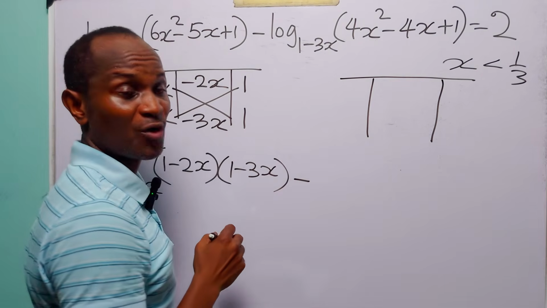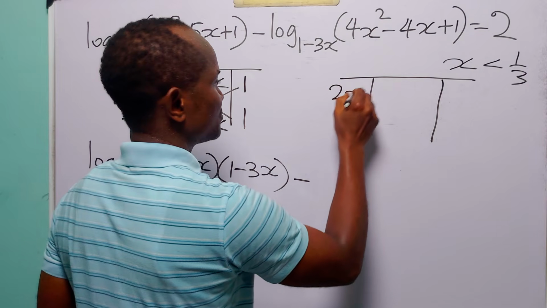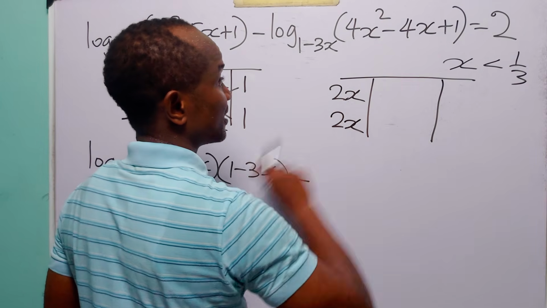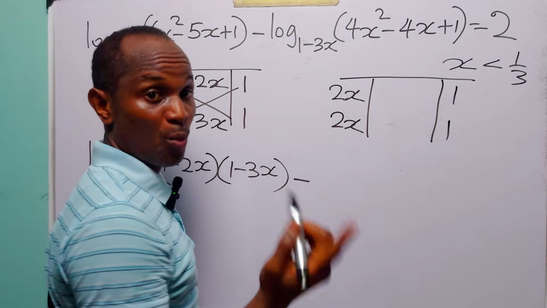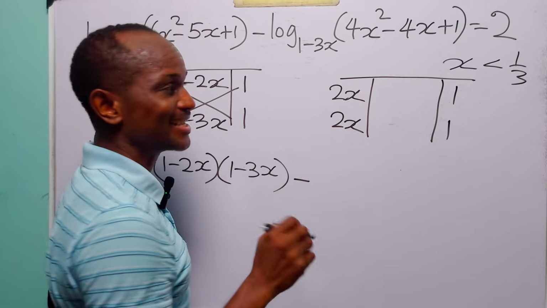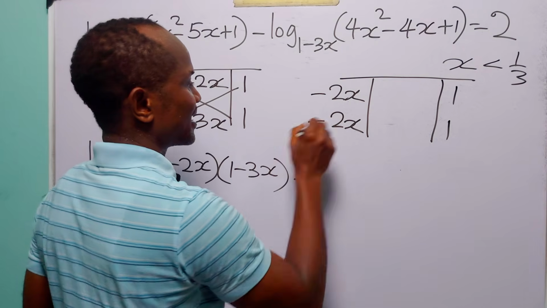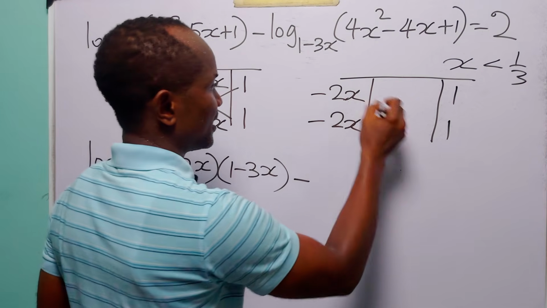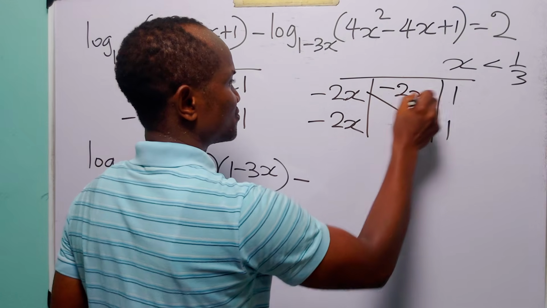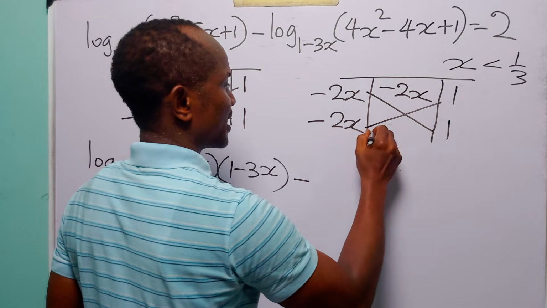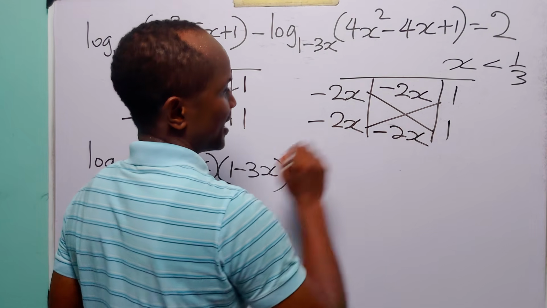What are the factors of 4x squared? We have 2x and 2x. What are the factors of 1? We have 1 and 1. Once more, the middle term is negative, so let this be minus 2x and let this be minus 2x. Now, minus 2x times 1 is going to give us minus 2x. Minus 2x times 1 is going to give us minus 2x.